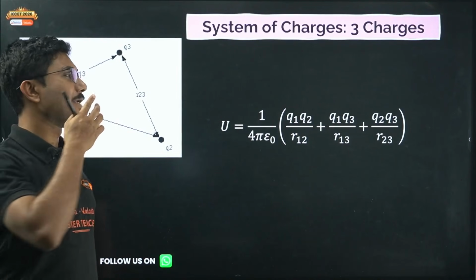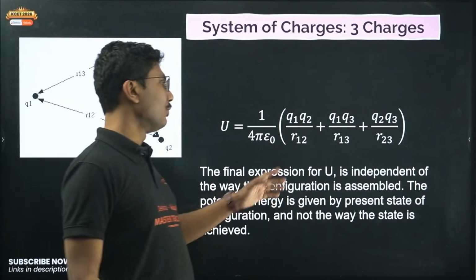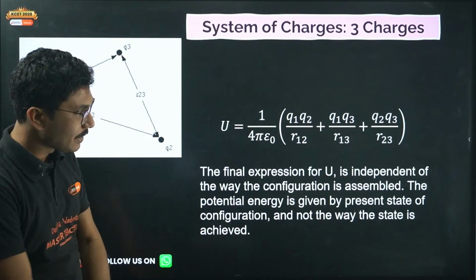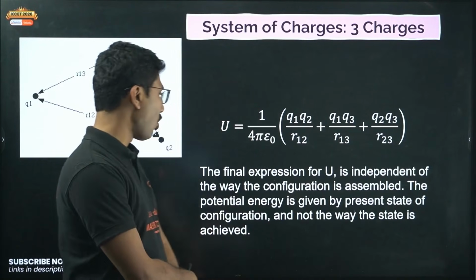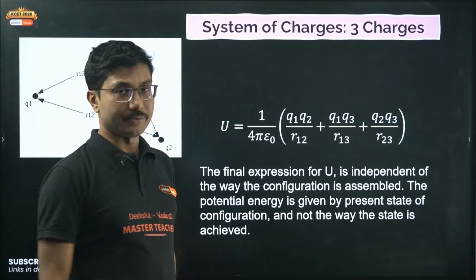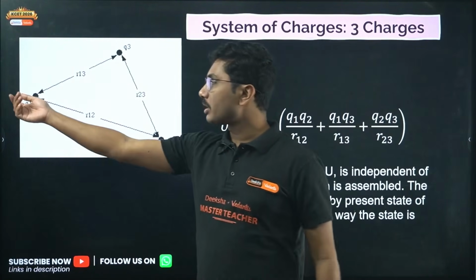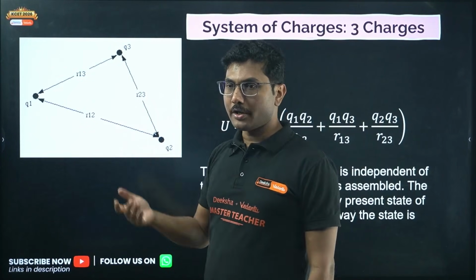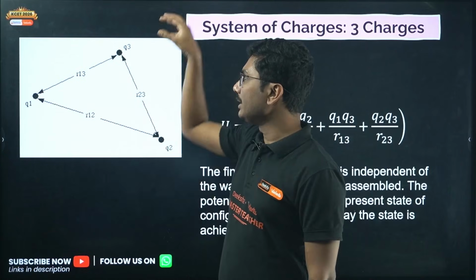Now here a very important point to remember is that the final expression for U is independent of the way the configuration is assembled. The potential energy is given by the present state of the configuration and not the way the state is achieved. So this formula is independent of whether you brought Q1 first, next Q2, last Q3, or you have achieved it by bringing Q2 first, then Q1, then Q3.